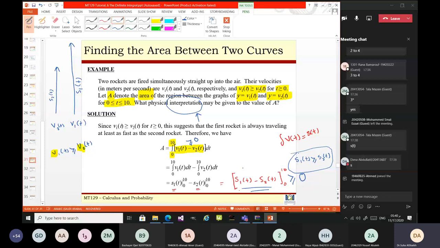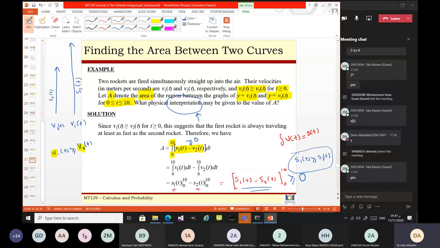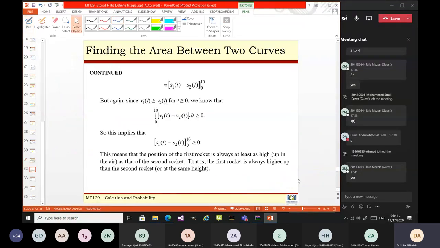You got that? Simply, since v1 is greater than v2, the area is the integration of the difference. The difference is positive. The integration gives me S, so the difference between the S values is positive as well. If the difference between the S values is positive, it means the first one is higher in the sky than the second. So this means it goes farther in the air than the second one.